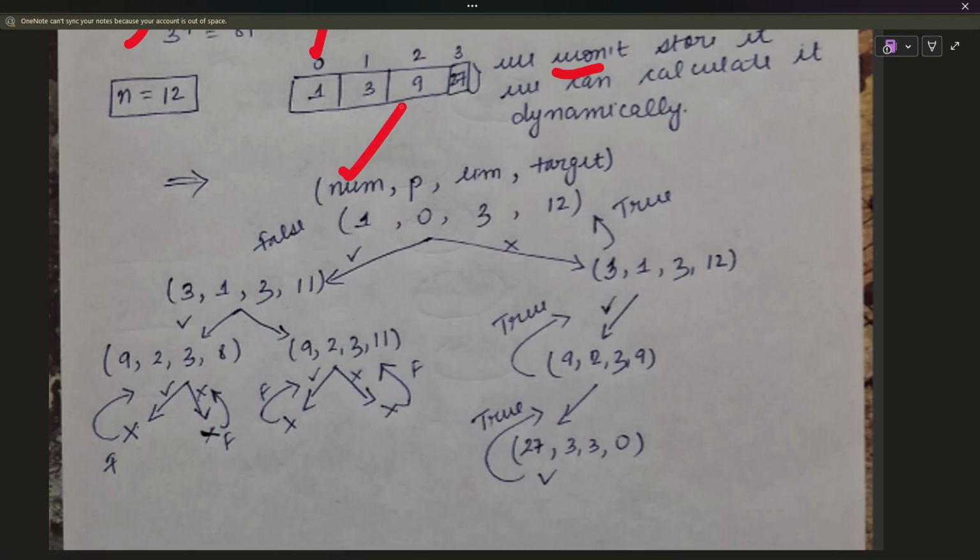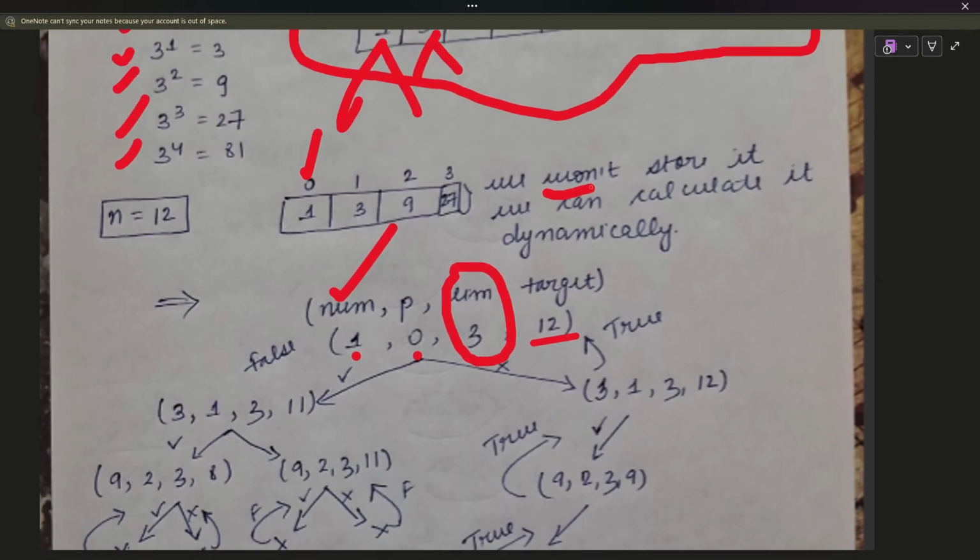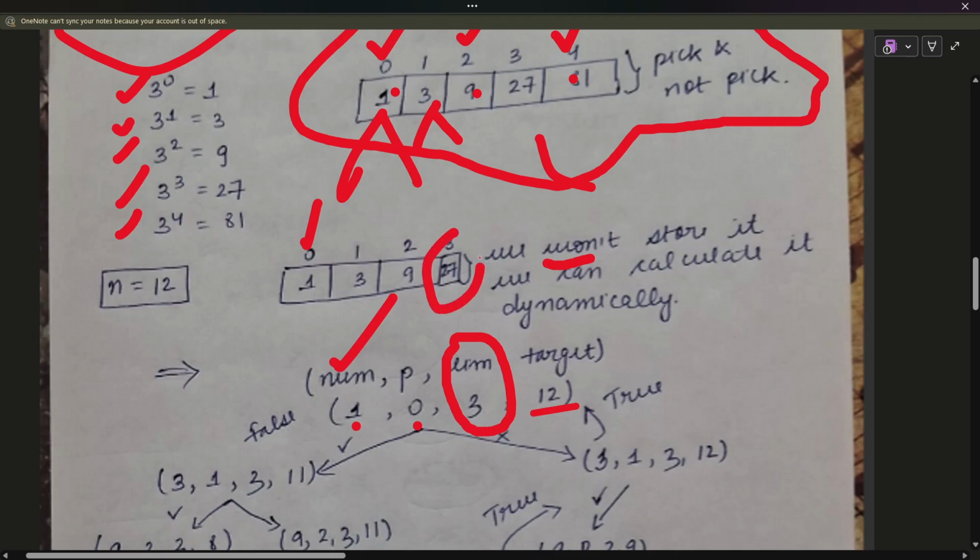I have taken a num which is initially 0, which is 3 to the power 0, which is 1. We have set a limit that the power shouldn't exceed the target, because then it will exceed it. Suppose we want to find if 12 can be represented in the powers of 3, we won't be going beyond this or this.